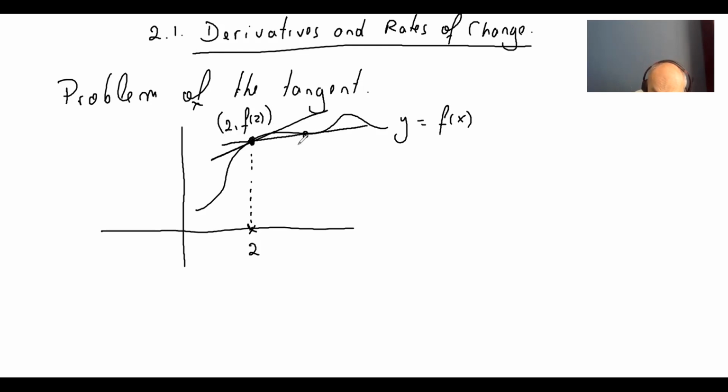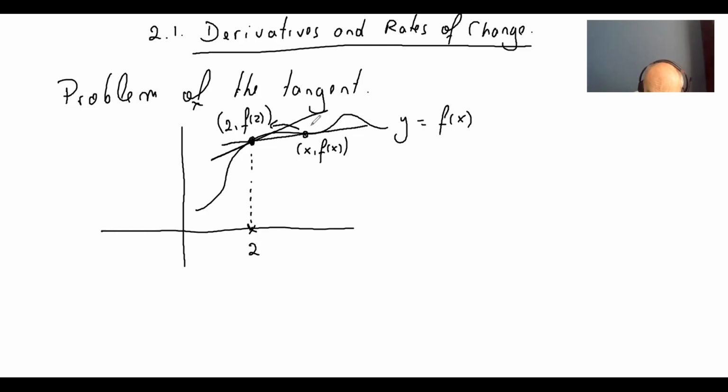Let's say the point (x, f(x)) over here, and let this point slide toward the other one on the graph. This line is called the secant line, and it will slide toward the other one. So let me redo that exercise in case you've forgotten.